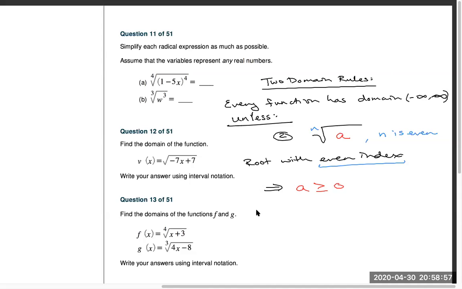So example, if I have f of x equals square root of x plus 2, and I'm looking for the domain, I'm looking for where x plus 2 is greater than or equal to 0. That applies for x values greater than or equal to -2.